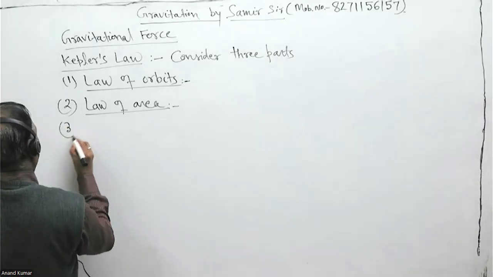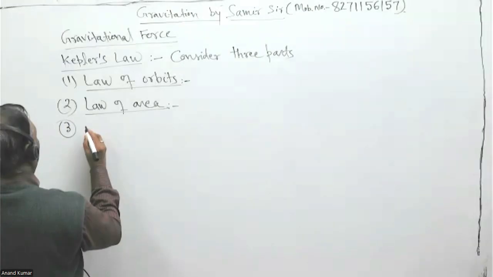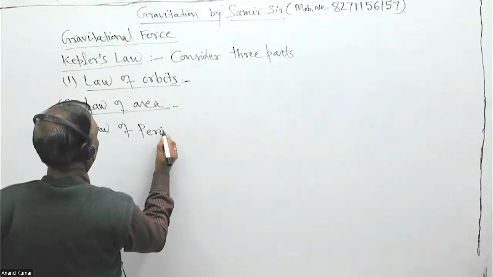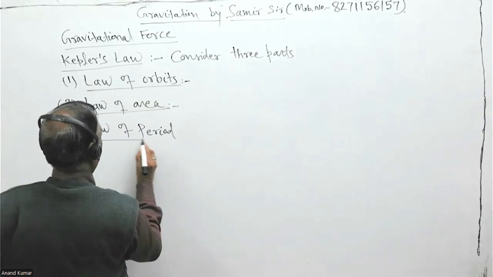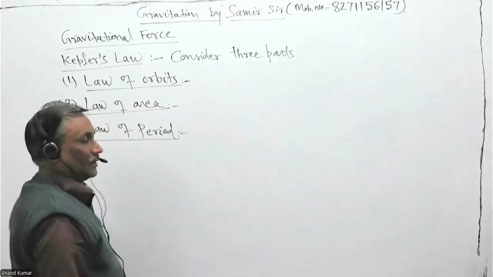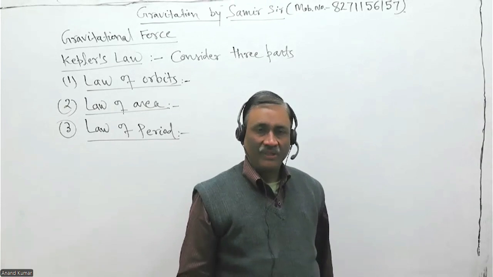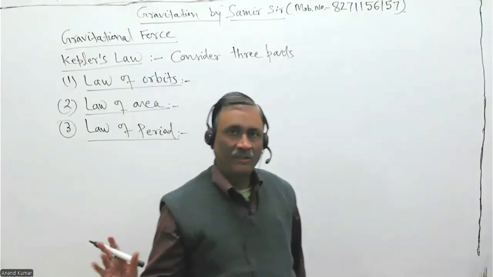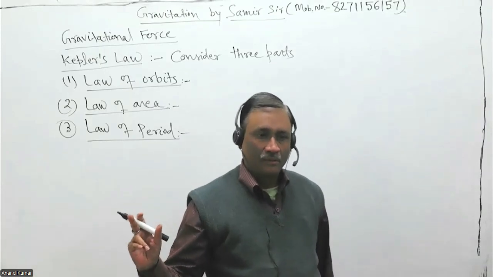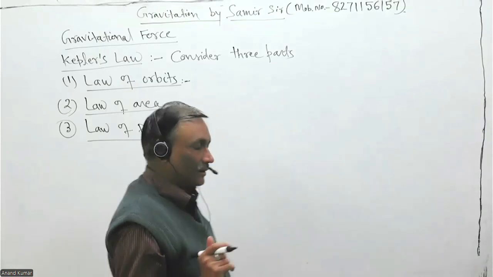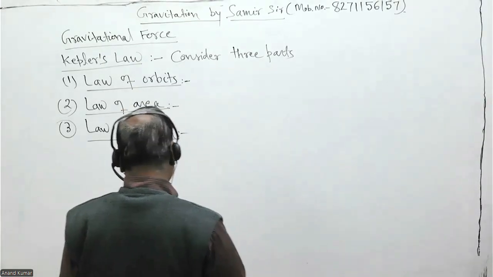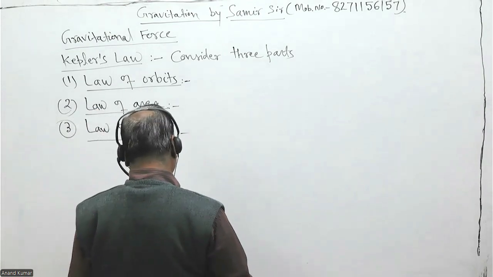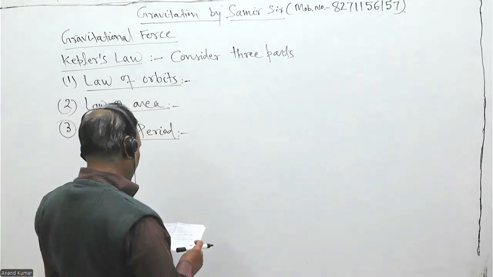And the third part of the law is law of period. Law of period tells that the square of the time period taken by the planet is proportional to the cube of the semi-major axis of the ellipse.